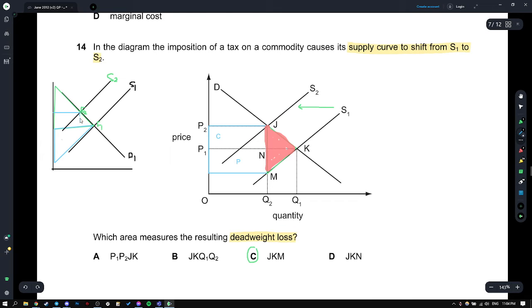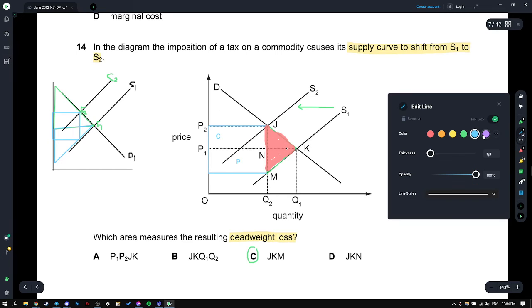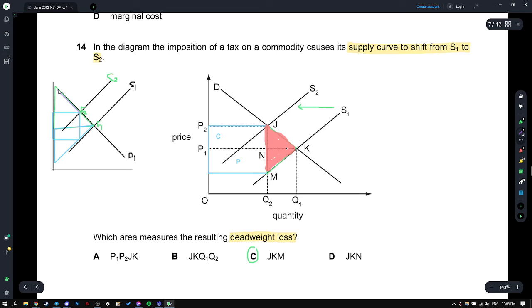So this is the tax burden. And as well as that, if you notice, the consumer surplus and producer surplus have also decreased from a big triangle to a really small triangle like that. That is the new consumer surplus. This is the new producer surplus.